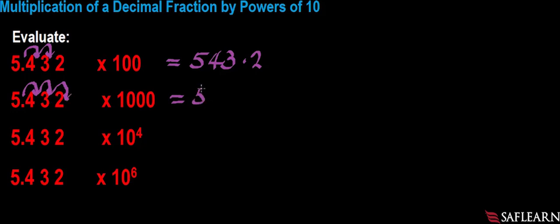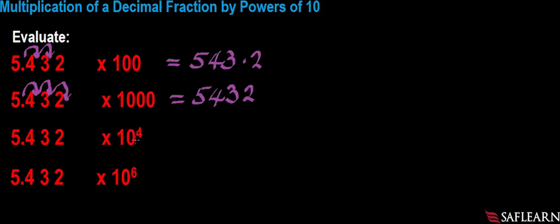So that would be 5, 4, 3, 2 point. If you like, you can add 0. Now this is a whole number, so the decimal point and the 0 are no longer significant, so we can as well do without them. Okay, so that is simply 5,432.